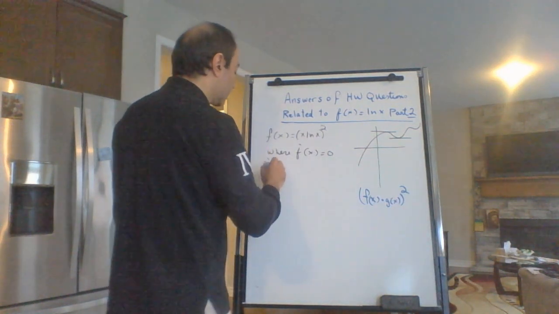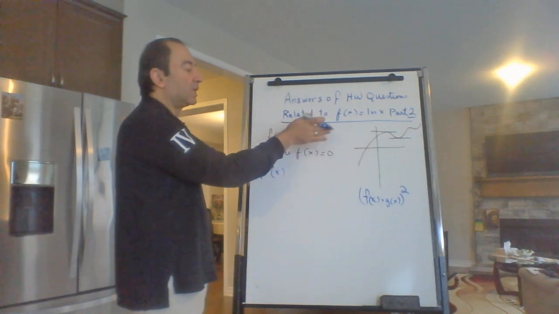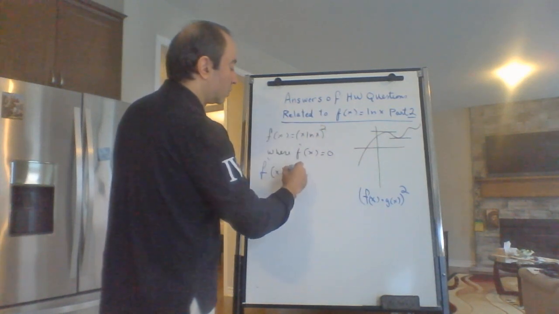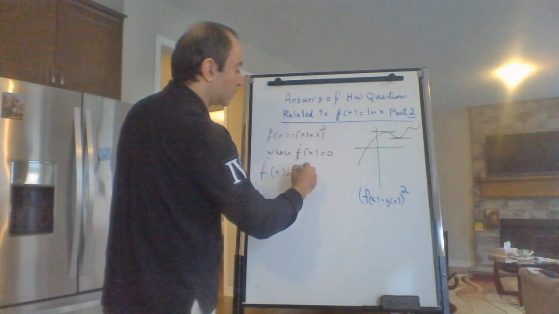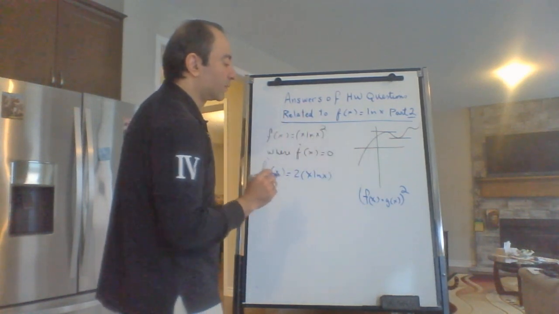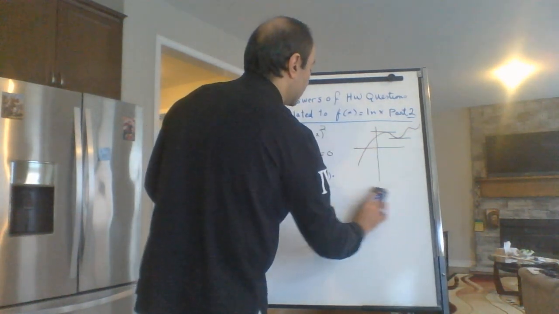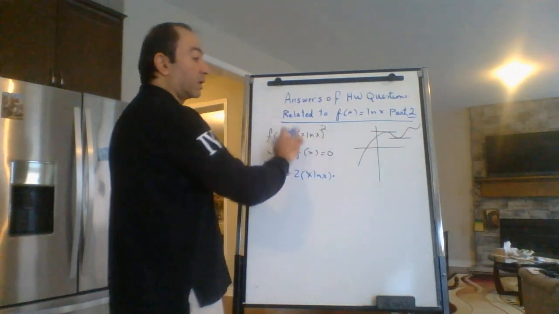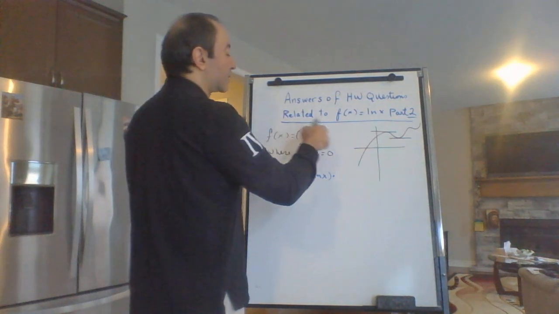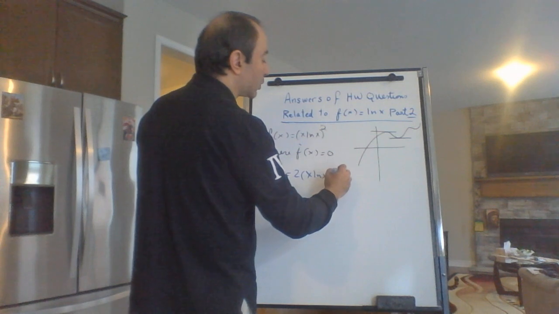F prime of x. Consider this as one function. It will be 2 times this function to the power of n minus 1, which is 1, times the derivative of whatever is in here. This is 2 functions multiplied, so we have to use the product rule.